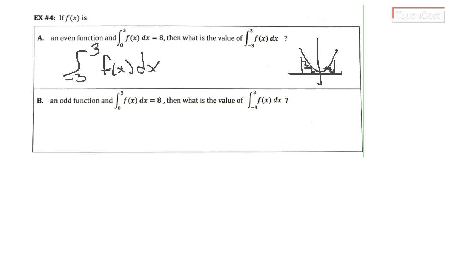So if this is the case, they're both above, or in some cases the function might be below the x-axis, but in this case it's above because our integral is 8, it's even. We've got two even areas, so we multiply it by 2. So we just double the area.